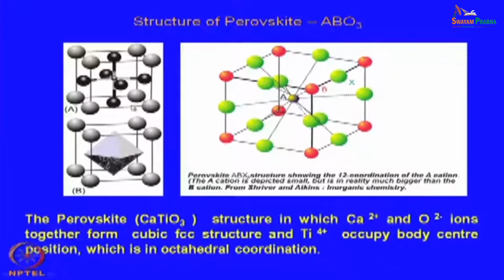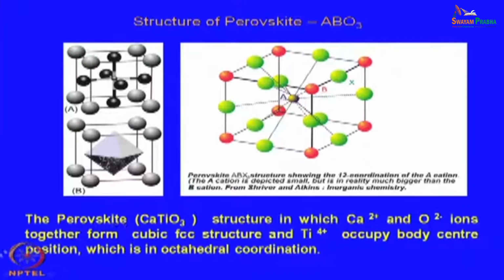The description is relatively simple. Once again, first of all, it is a cubic symmetry, not hexagonal symmetry. And calcium and oxygen, we have seen earlier, the size of the calcium is fairly large, and that is the reason, with fluorine it is more than fluorine.